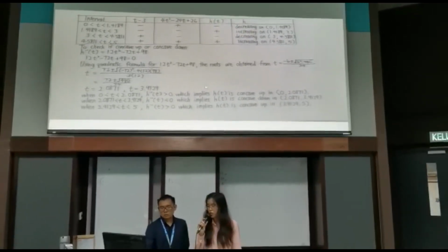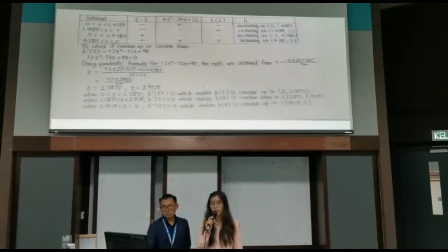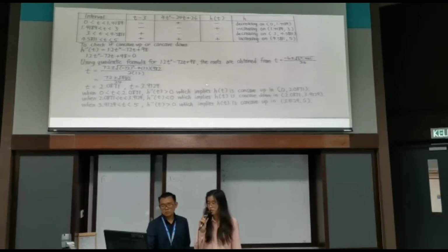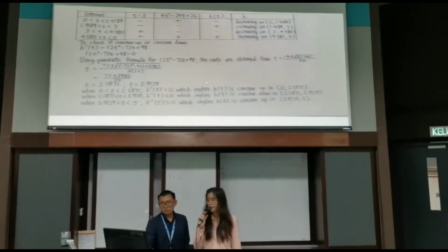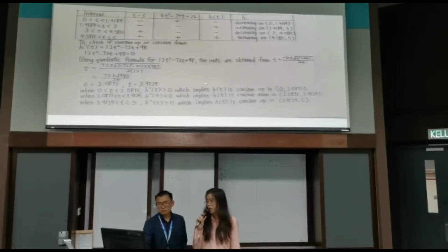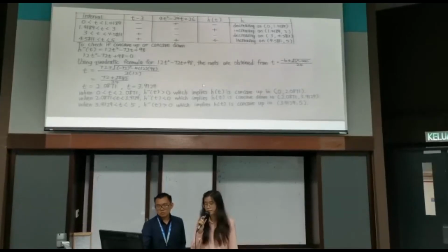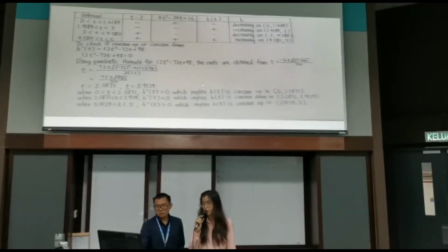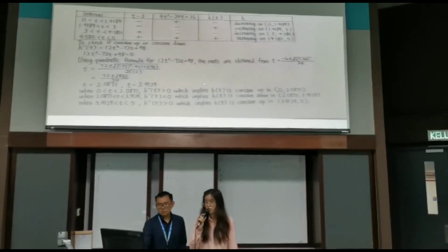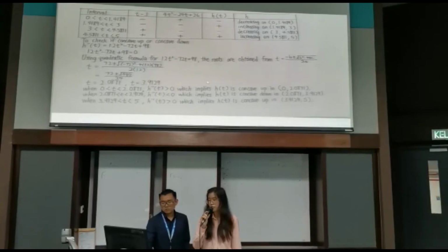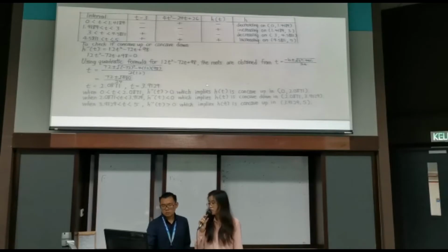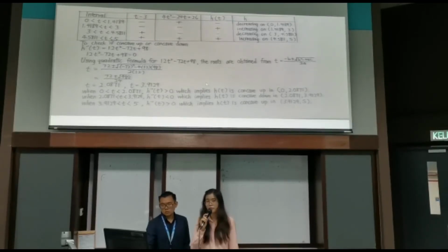When t is between 2.0871 and 3.9129, the second order derivative of h is smaller than 0, which implies that h(t) is concave down in 2.0871 and 3.9129. When t is between 3.9129 and 5, the second order derivative of h is greater than 0, which implies that h(t) is concave up in 3.9129 and 5.